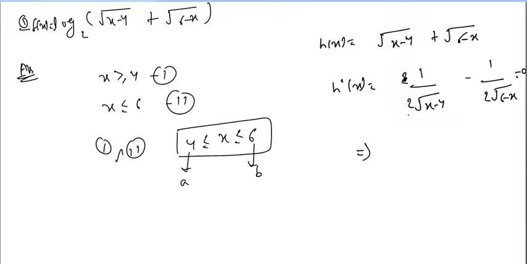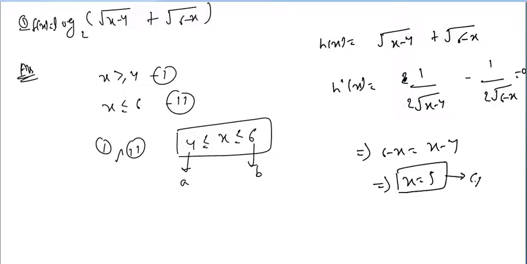After solving, we will get 6 minus x is equal to x minus 4, that is 2x equals 10, and x is equal to 5. So we are getting a critical point x equal to 5 in this domain, and this point will be your c1.